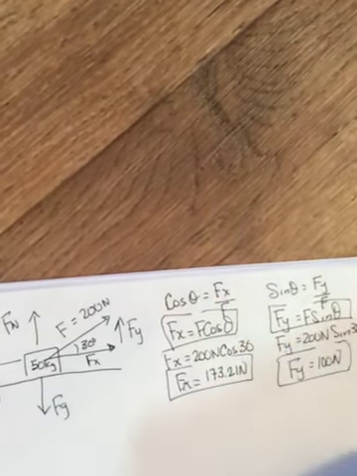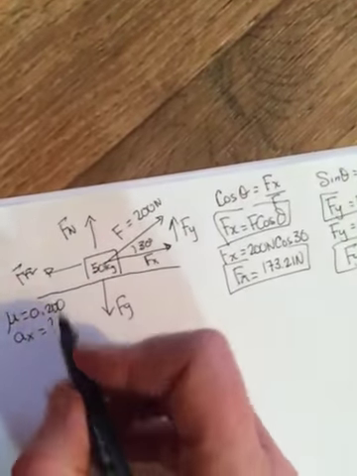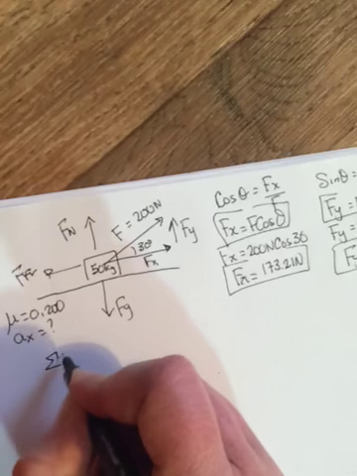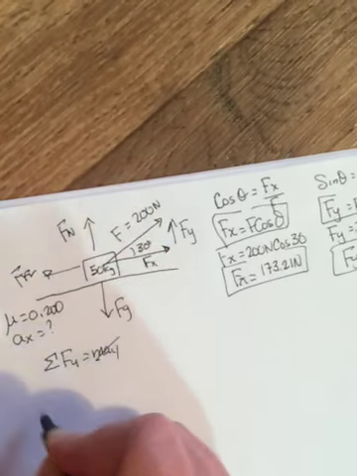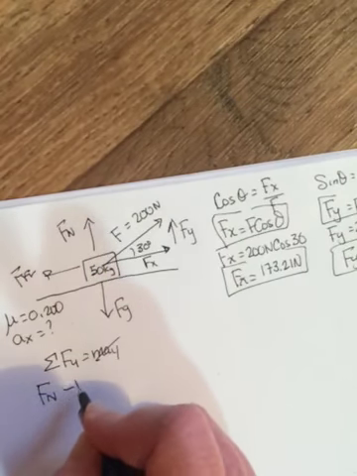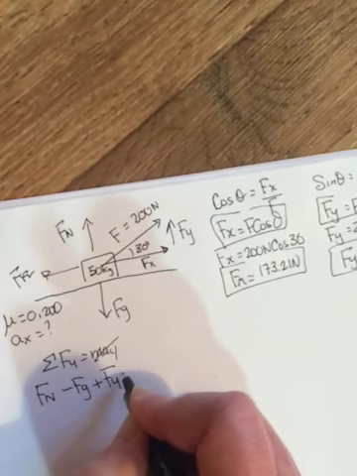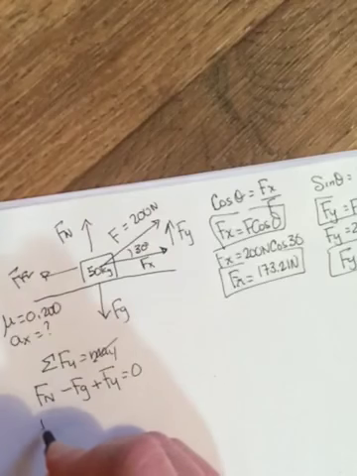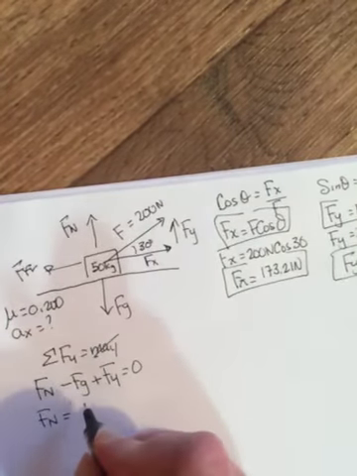And in these ones, you can find these because you're just looking for A, so you can get your value for Fn. So sum of the forces in the y is equal to may. It's not moving in the y. Going up is Fn. Going down is Fg, so it's a negative. And Fy is going up, so it's a positive. Solving for Fn, so take your Fg and your Fy over.